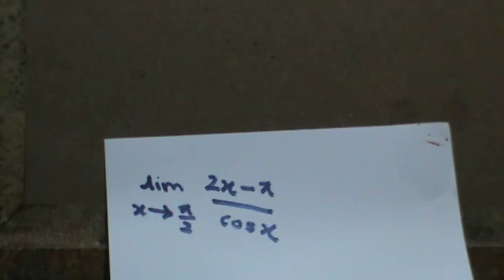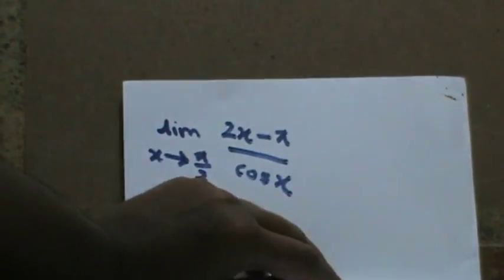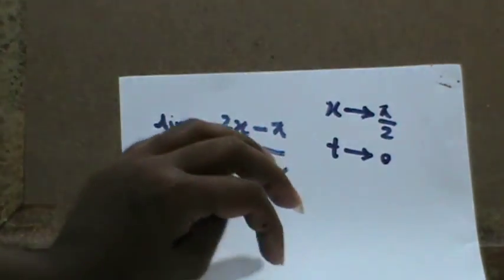I'll take the function to be something like t. So you know that if x goes to 5 by 2, some function like t goes to 0, right, t goes to 0. This is the theorem here.